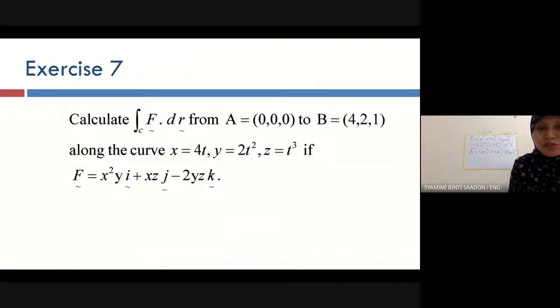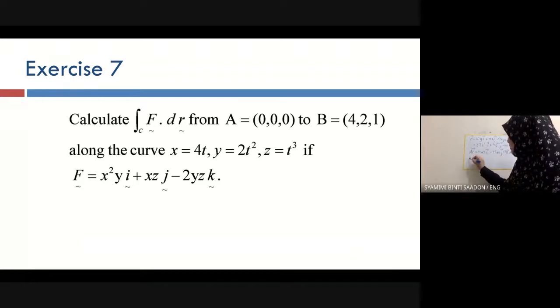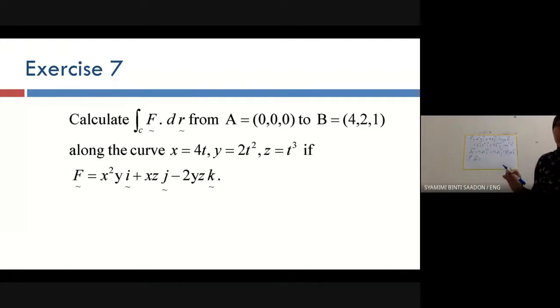Okay, so we just combine the scalar product like just now. Combine both F and dr. So the scalar product F·dr will become, okay, F and dr, we multiply, so we get 128.